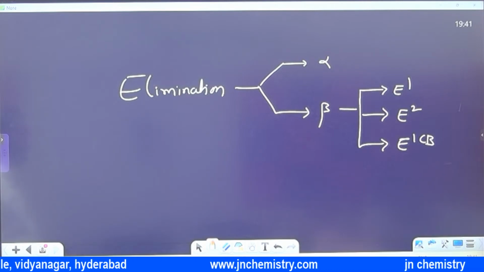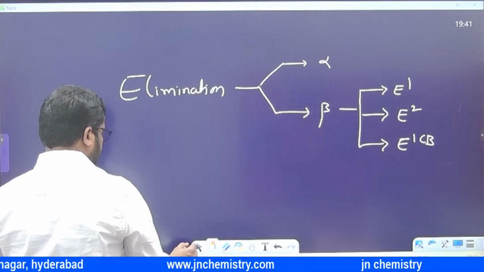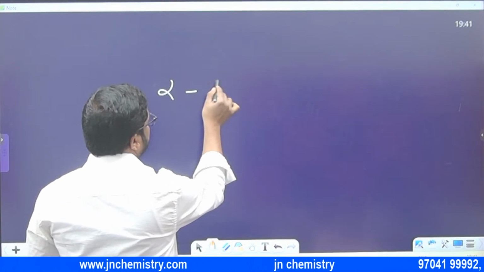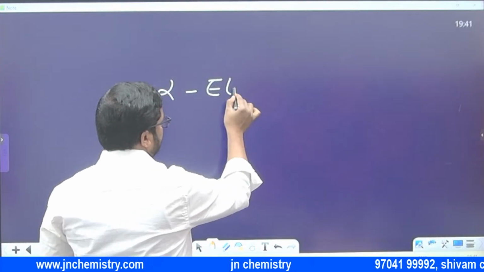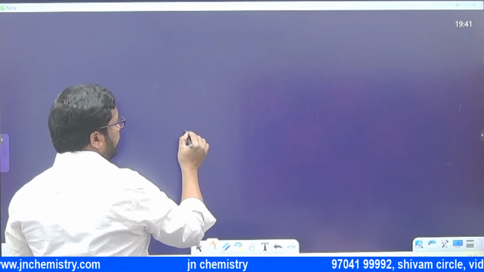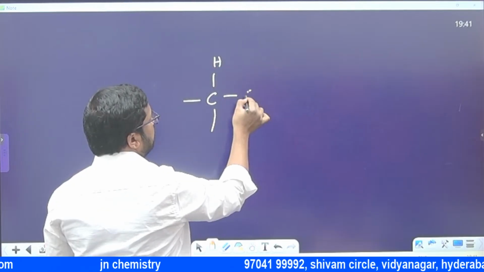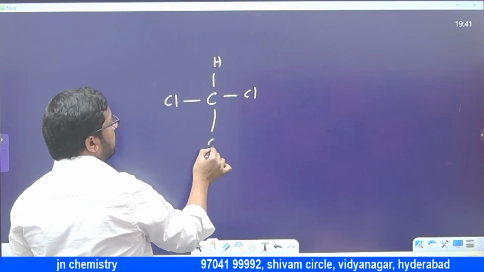Done? What is alpha elimination? In case of alpha and beta, alpha elimination means what? For example, take one example like this.